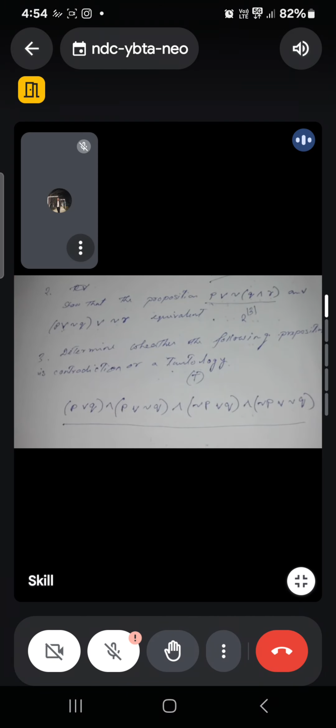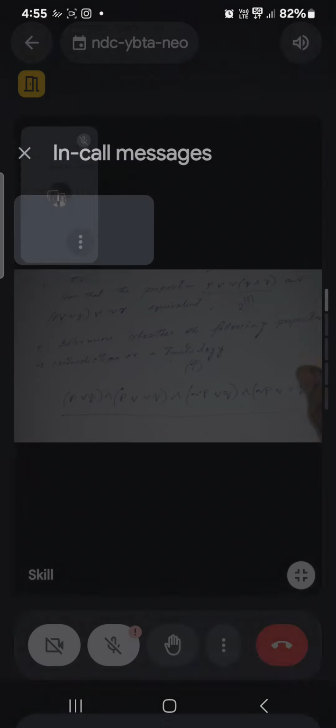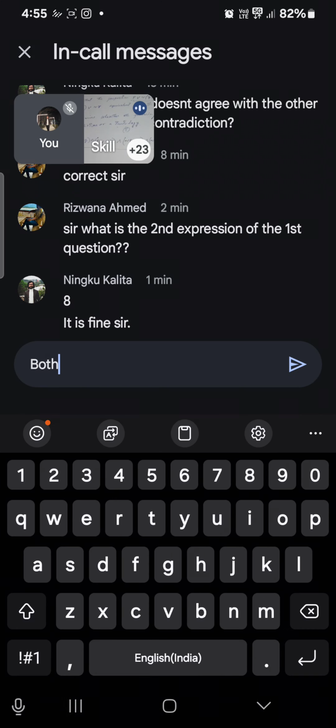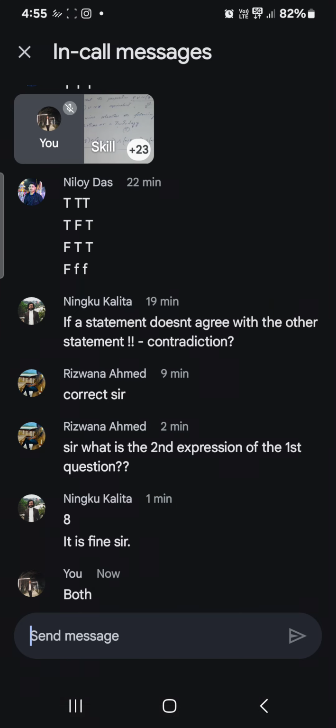Do you like this, or do you prefer PPT? Which format do you prefer? I'm just asking for feedback. This is kind of a conventional method. Okay, both. Okay.